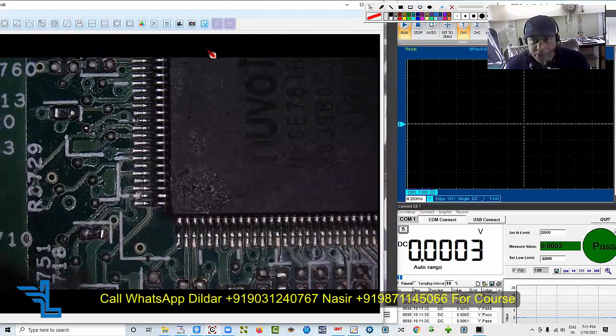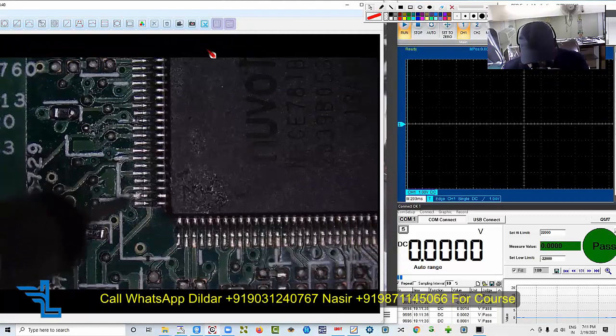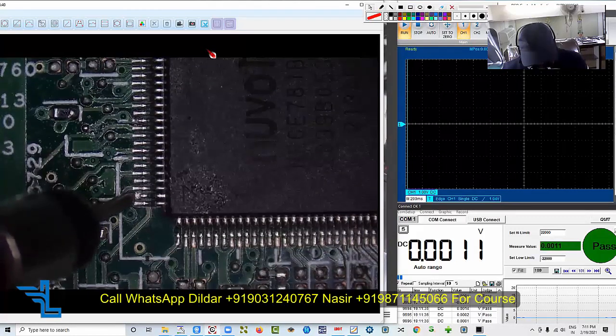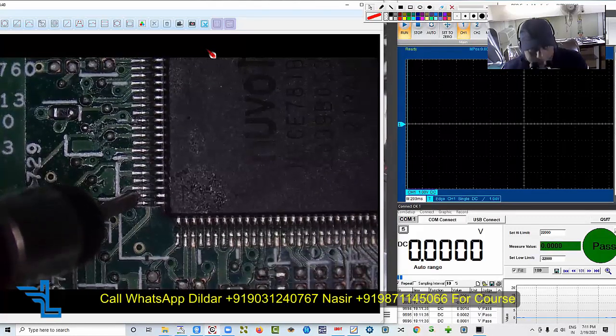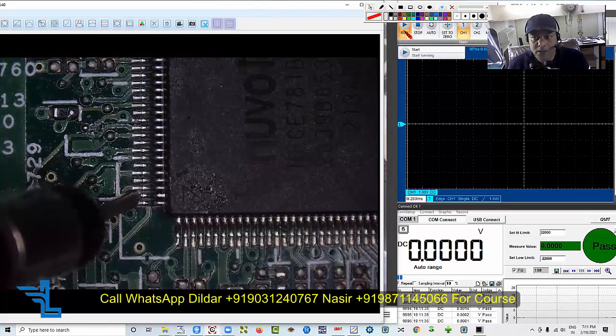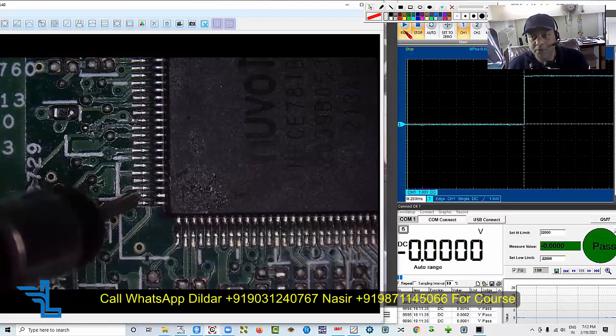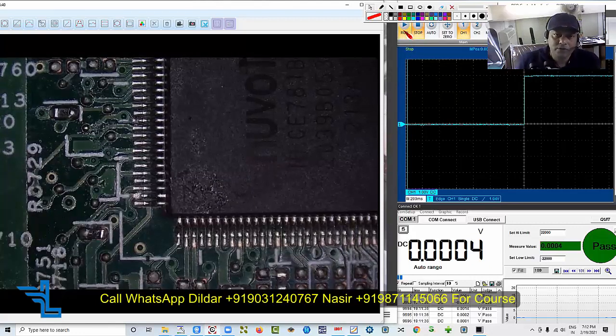So guys, I am going to capture the signal on the debounce logic. Now I kept my probe on pin 95, and now let me power it up. So we are not getting the debounce logic. If there is no debounce signal, either the IO could be faulty or the PCH could be faulty.